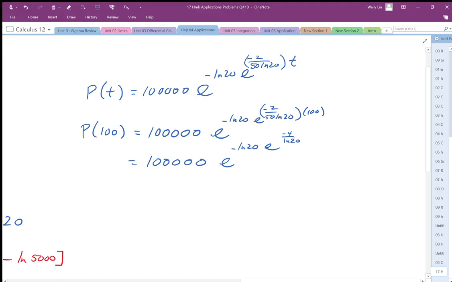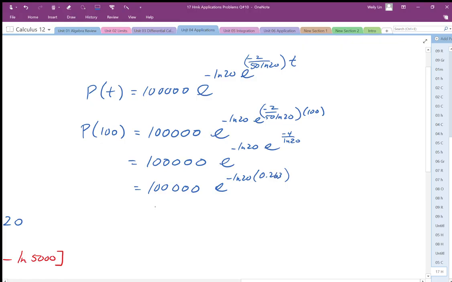And we need to then calculate these little bits here, and using a calculator I get e to the negative log 20. This whole piece, if I do e to that power, looks like it's about 0.263.